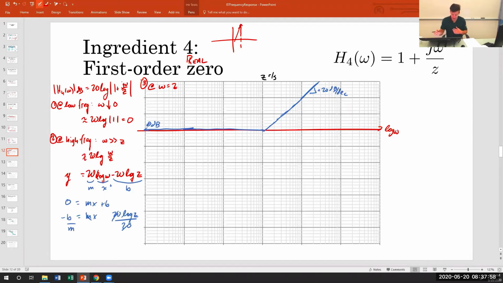Because when omega equals z, that should tell us, is it 0? Is it above 0, below 0? What's going on here? So at omega equals z, the magnitude of H4 at omega equals z in dBs is going to be 20 log of 1 plus jz over z.